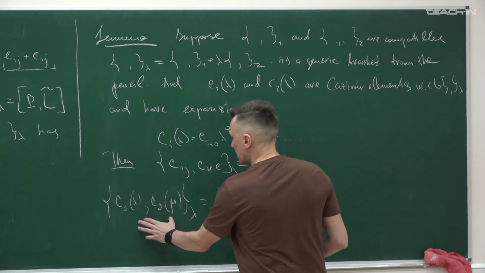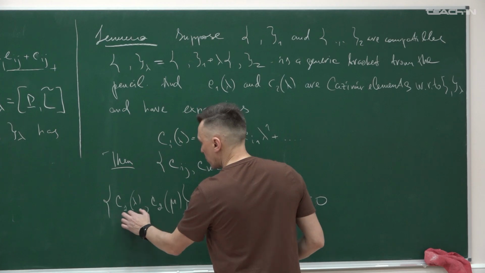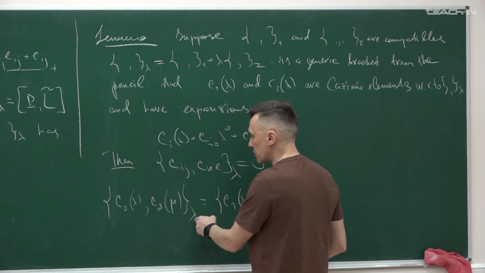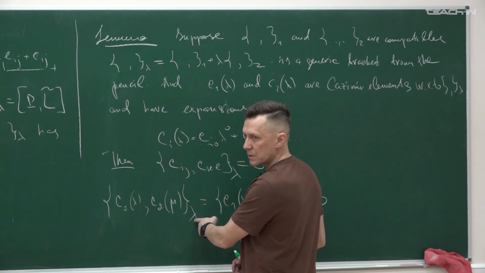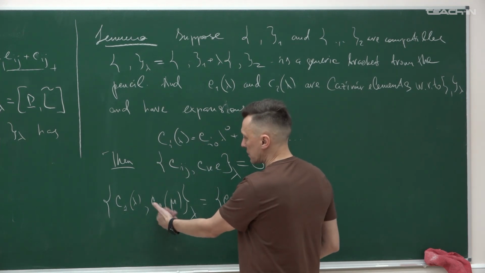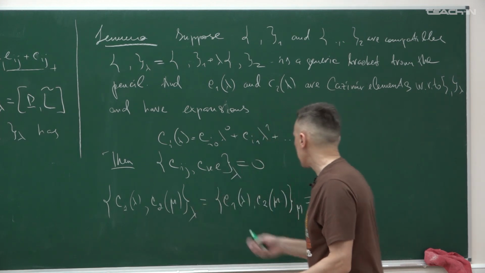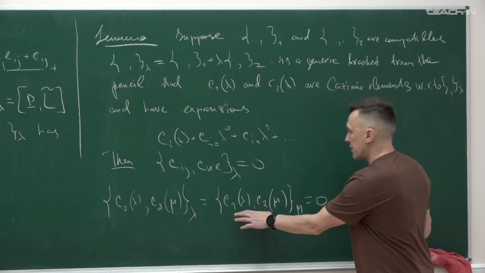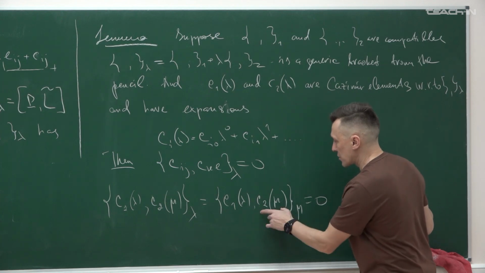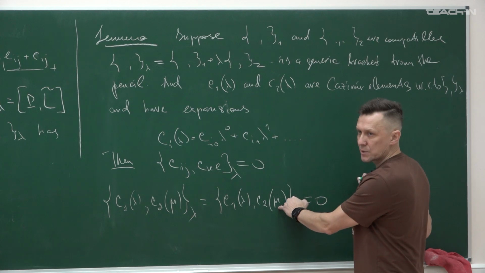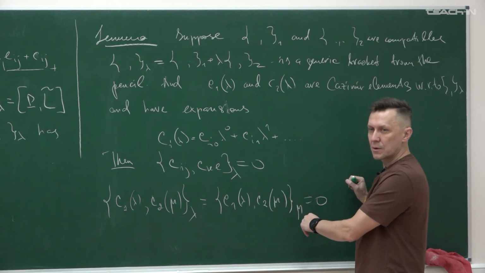So this bracket is 0 because C1 at a point lambda is the central element with respect to the lambda bracket, so it doesn't depend on the second argument. And this is 0 because C2 at the point mu is the central element for the bracket mu.